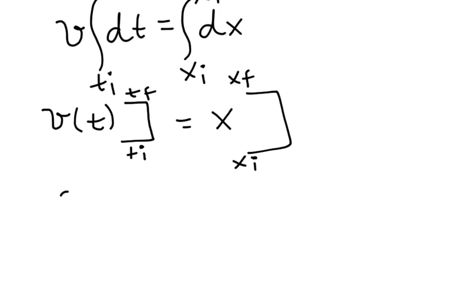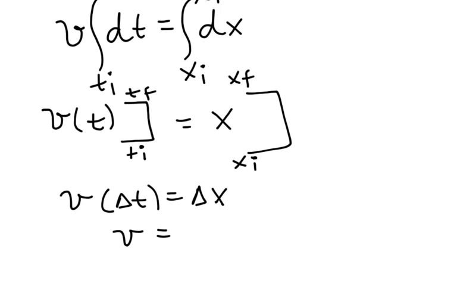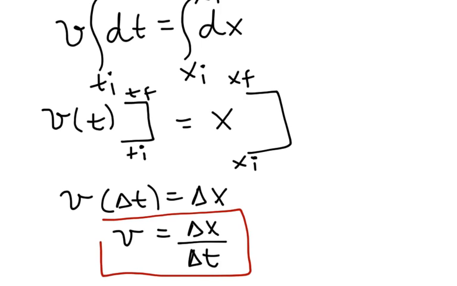Of course, this simply gives me v multiplied by delta t is equal to delta x. We know v, of course, is equal to delta x over delta t. Everybody's happy. But we can actually use the same process to derive, like I was saying, the kinematics equation.